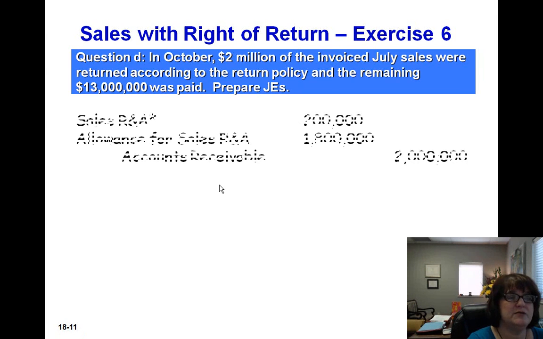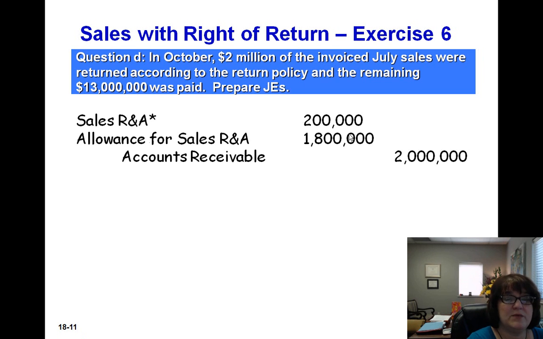So what we're going to do in October, first of all, is recognize that we have an additional sales return and allowance of $200,000, because we didn't anticipate that. We will go ahead and write off our allowance for sales returns and allowances, so that there's the combined $2 million, and reduce our accounts receivable accordingly. We're not entitled to receive that amount, so we'll make that go away.